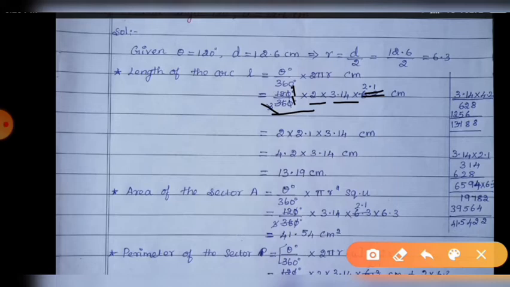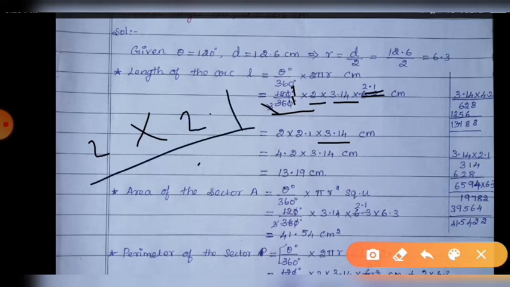You have to multiply. 2 into 2.1 we get, 1 2 is 2, 2 2s are 4, that is 4.2. Now 3.14 into 4.2: 4 2s are 8, 1 2 is 2, 3 2s are 6, 4 4s are 16, 6 remainder, 1 carries, and then 1 4 is 4, 4 plus 1 5, and 4 3s are 12.